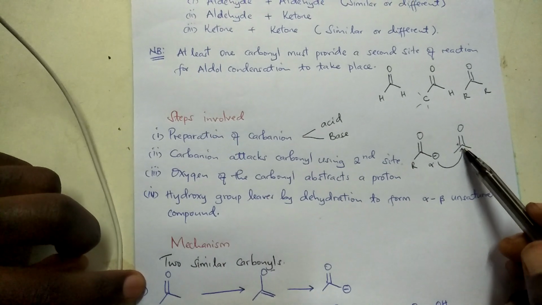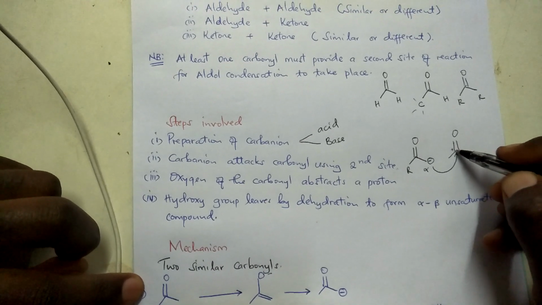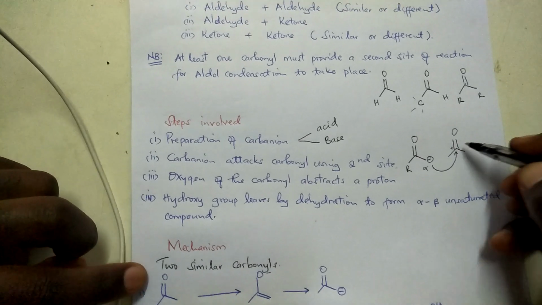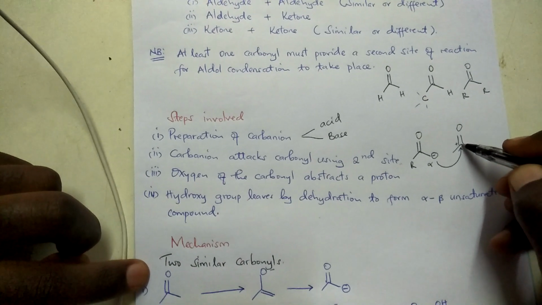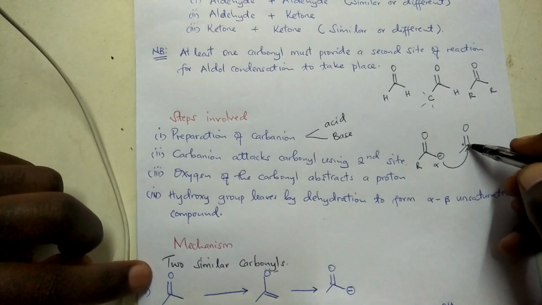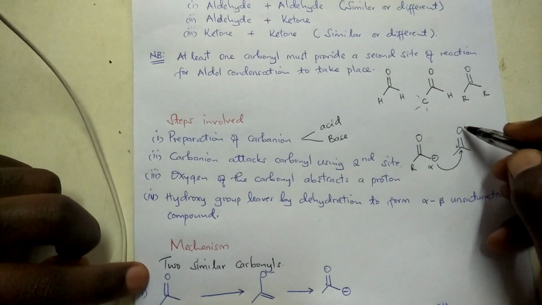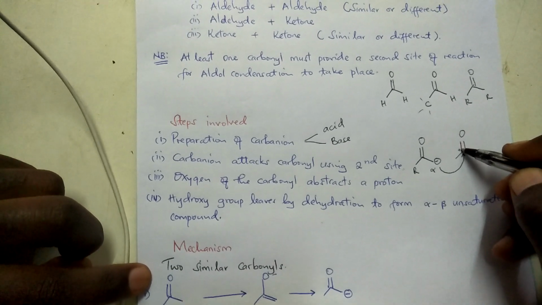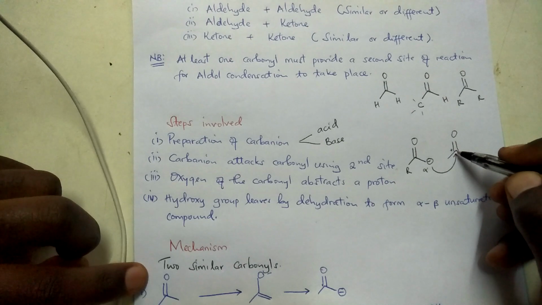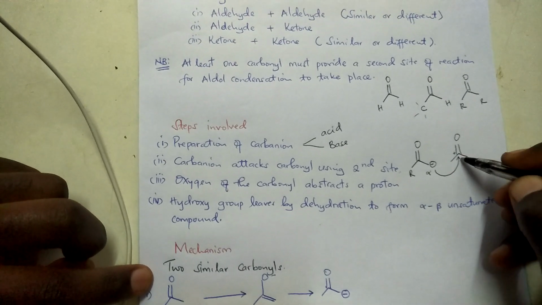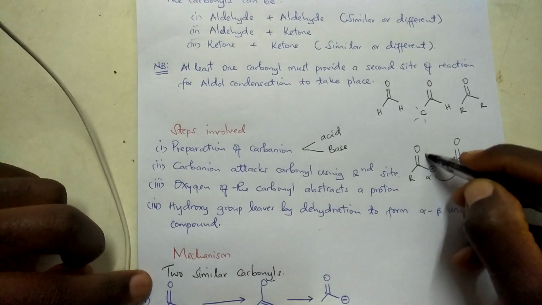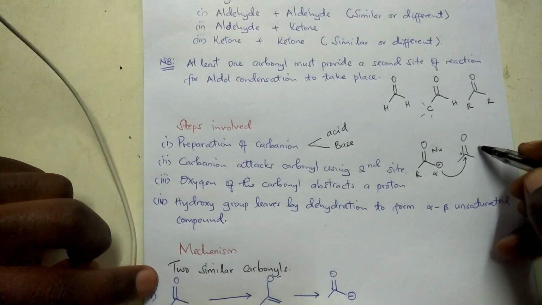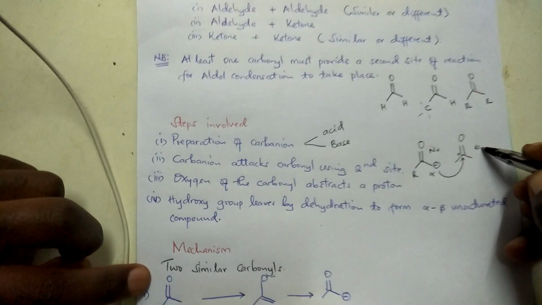But remember, this position is somehow positive because of the electronegativities of carbon and oxygen. So these electrons shared here are drawn more towards the oxygen than towards the carbon. Therefore, this acts as the nucleophile, and this one acts as our electrophile.